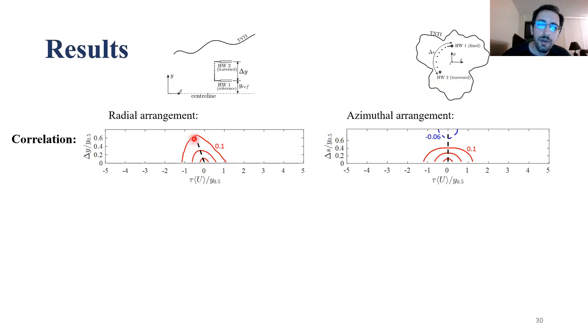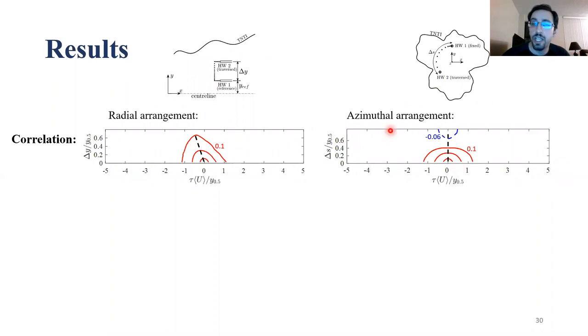In the radial arrangement, we can see that the correlation map shows a structure that forms an angle with respect to the streamwise axis. This suggests that the structures in the radial direction form an angle with respect to the x-axis.